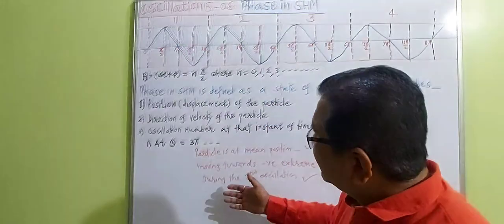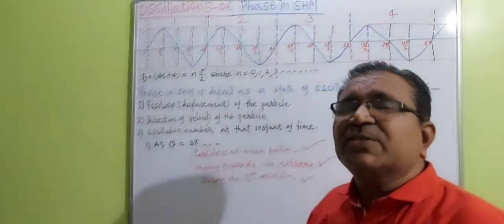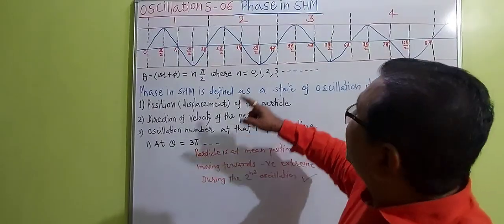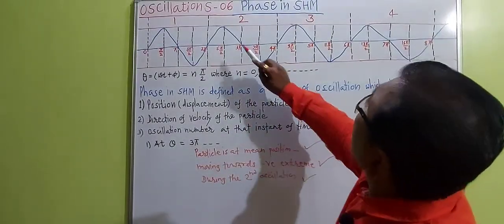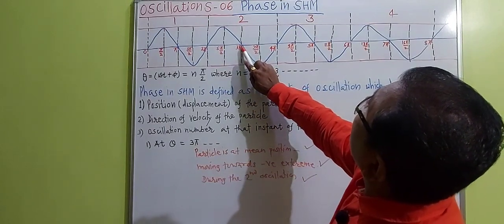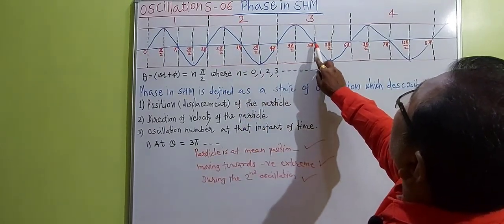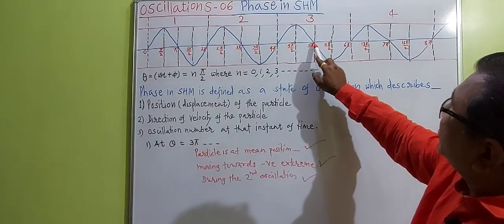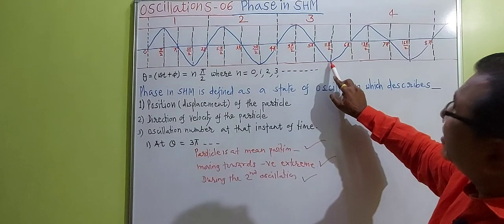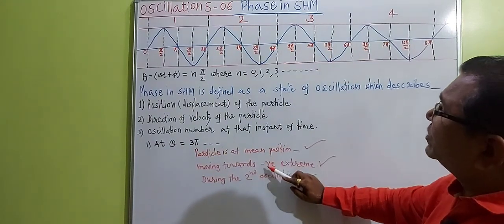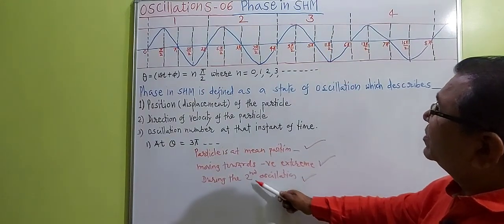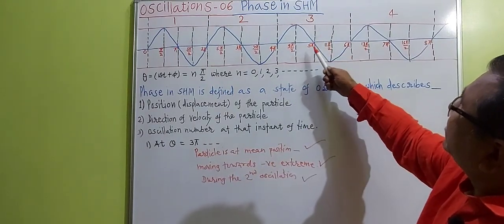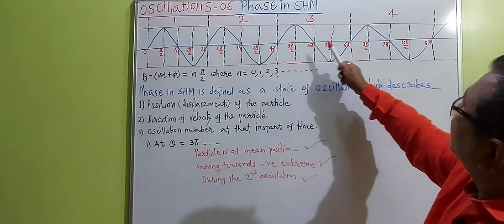So the similar state of oscillation we get after a 2 pi interval. So here is 3 pi. Where is 3 pi? This 3 pi. After 2 pi, that means at 5 pi, it is in the third oscillation, at mean position moving towards negative extreme. Particle is at mean position moving towards negative extreme during the third oscillation. So here, after again adding 2 pi, 5 pi plus 2 pi, we get 7 pi.